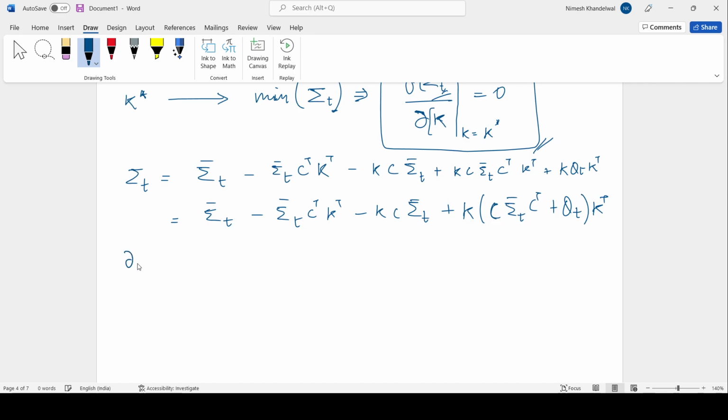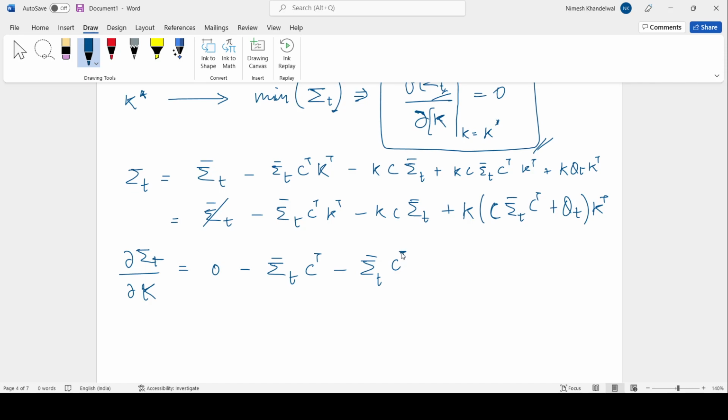Now I do what I just said: del sigma t over del K. This is 0, and minus this will be, as it is, sigma bar t C transpose, and here it will be sigma bar t transpose C transpose.